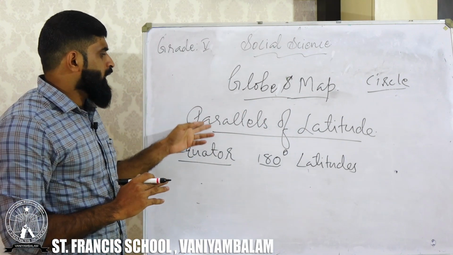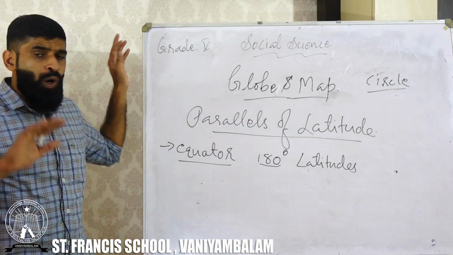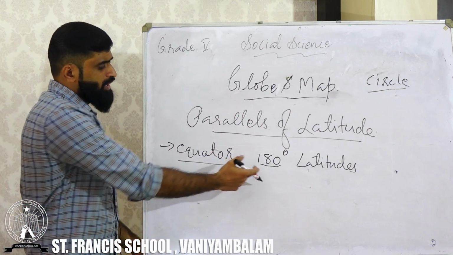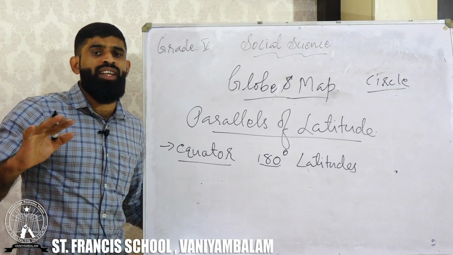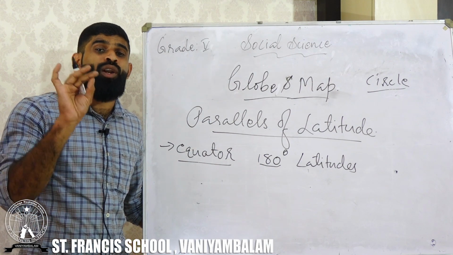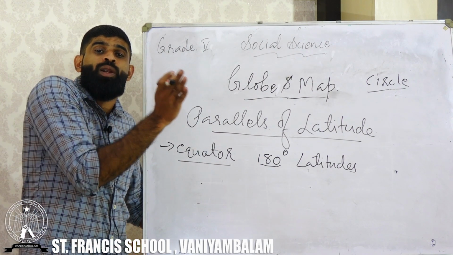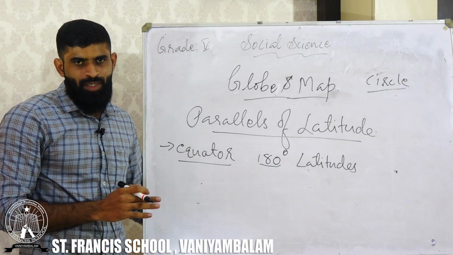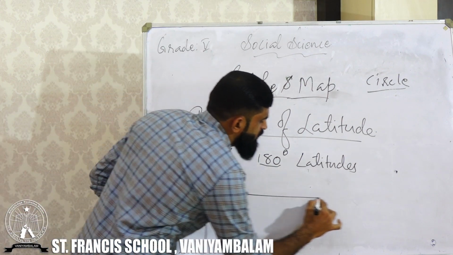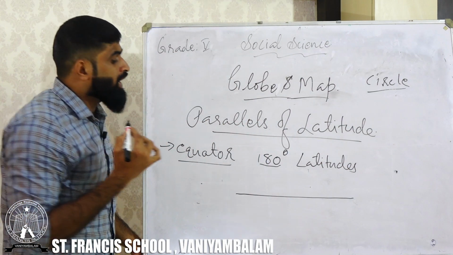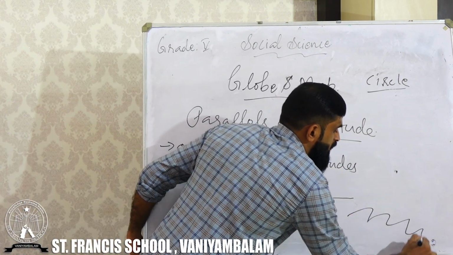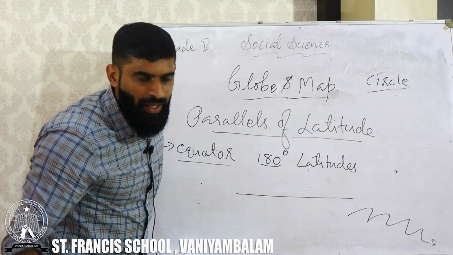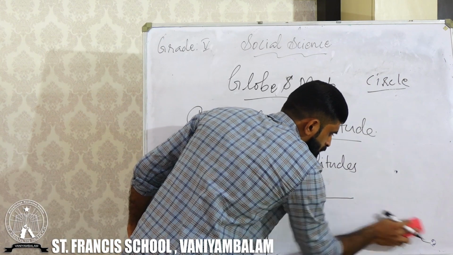Okay. So parallels of latitude means all 180 degrees of latitudes are drawn in the same manner. Imagine one latitude is drawn in this manner; another latitude is not going to be drawn in a different way.